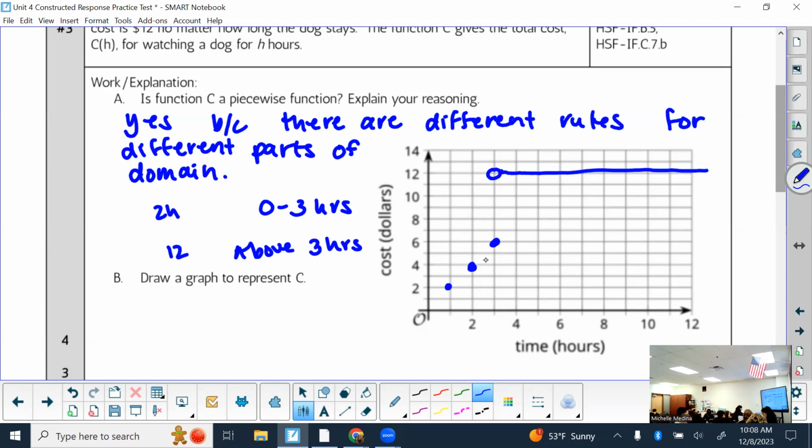Should I put a line for this part? Is it a different price if it's only half an hour that they're staying, or are they still going to charge them the $2? I'm not asking you any math, I'm asking you common sense, real world stuff. Is it going to be a different price if they go 1.5 hours? No, they're going to charge them still $4, because that's now into the next hour.